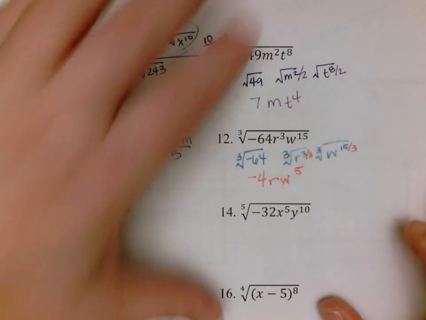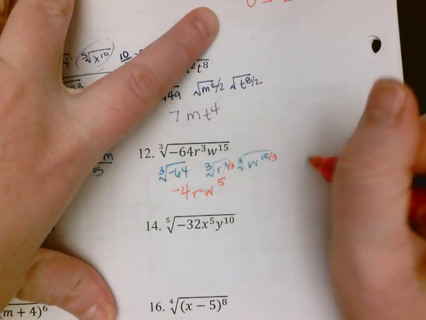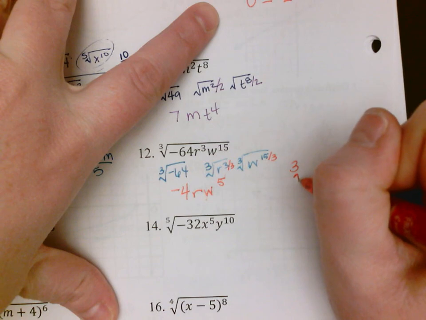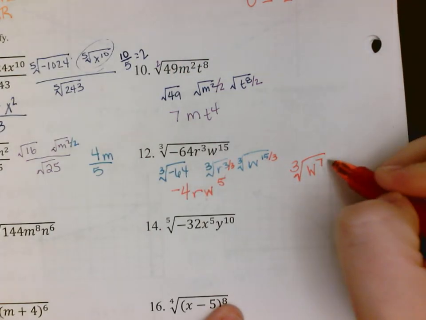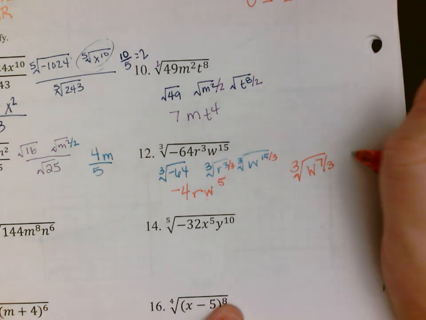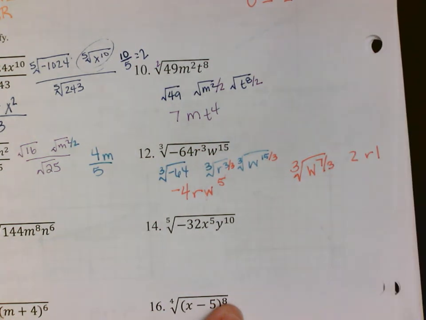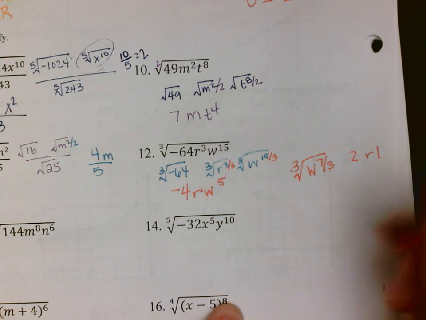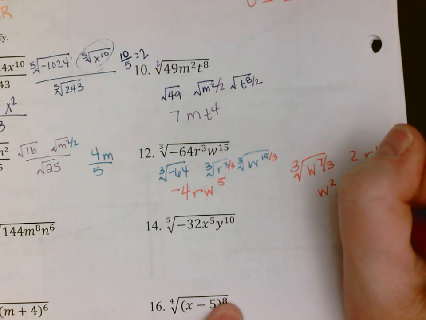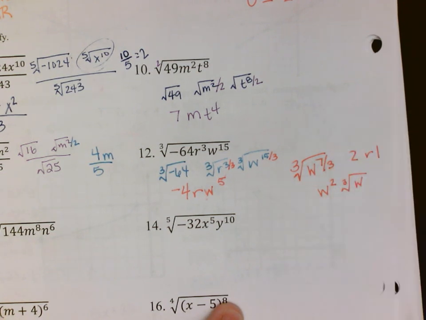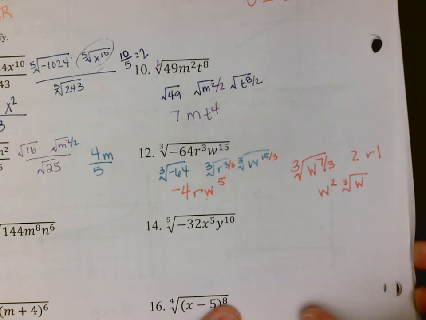So for example, while I'm talking about this, if you had the third root of w to the 7th, I could divide this by 3, but I get 2 remainder 1, or I have 6 and I have 1 left over. So this would be w squared, then the third root of 1w left under. If you have anything left over.